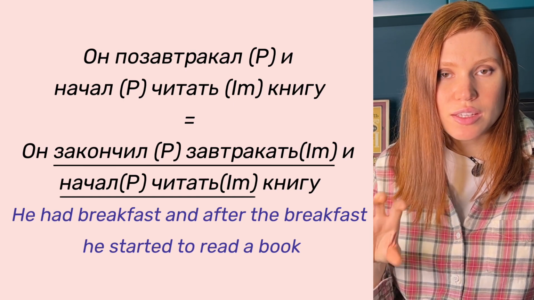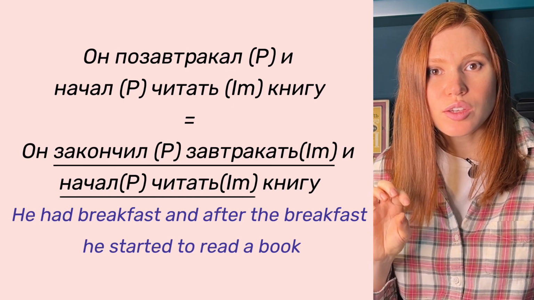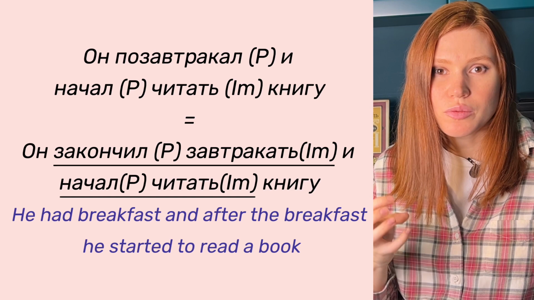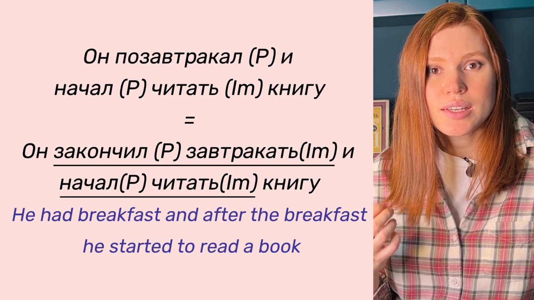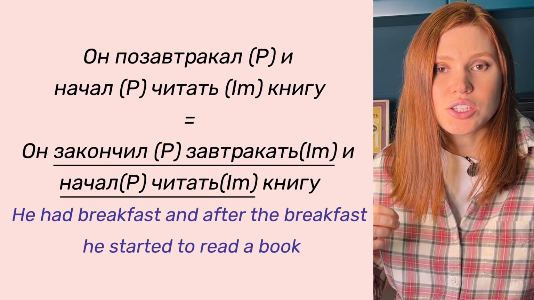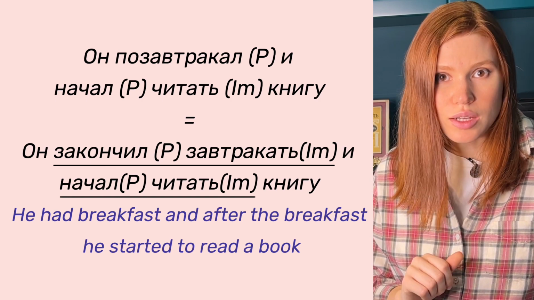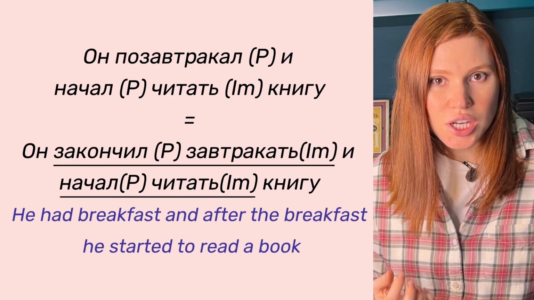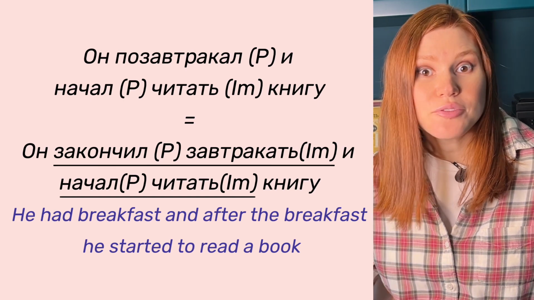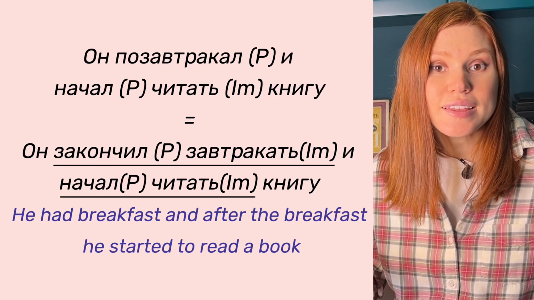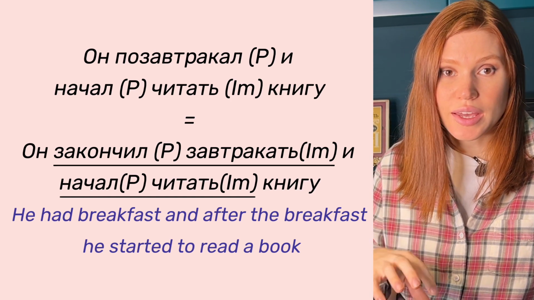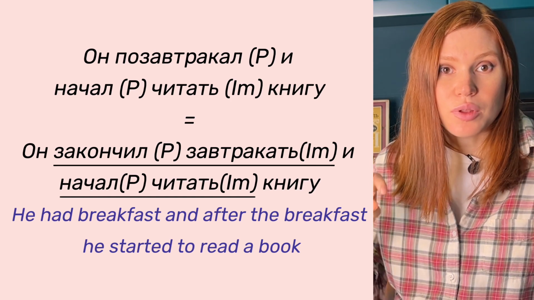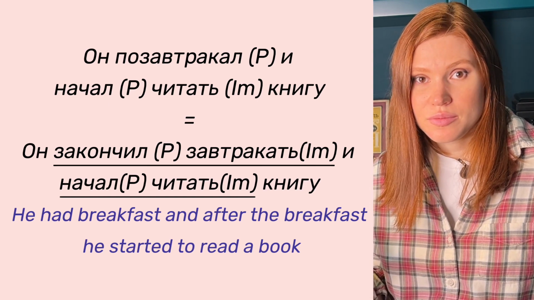So the beginning of action, we also use perfective when we talk about the beginning of action using this verb начать, to start. But after начать, we need to use the infinitive form of the verb in the form of imperfective. So it's like perfective plus imperfective.